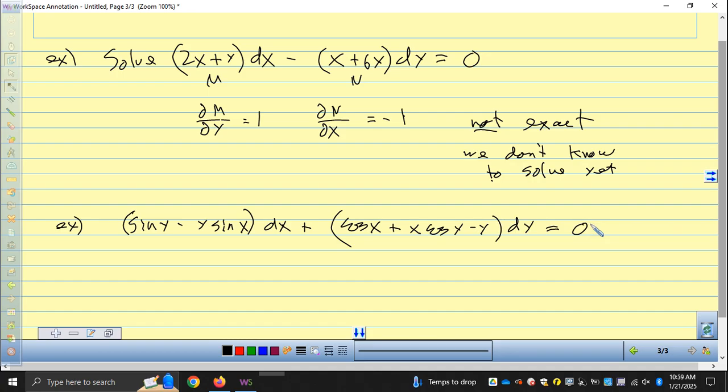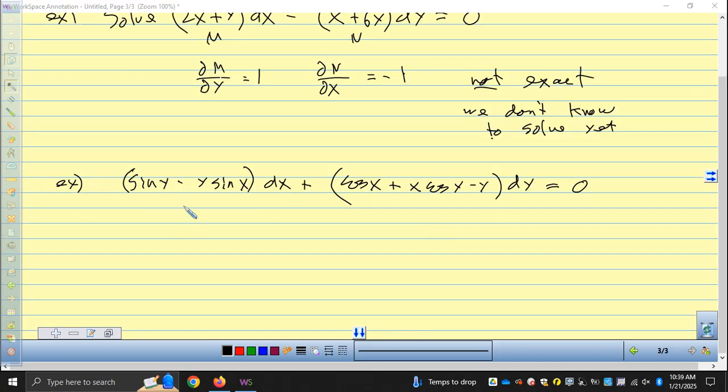So we were going to do our test. If we're not sure, we could rewrite this as dy dx and see if it's linear, see if it's separable, see if it's a first order linear, something that we already know how to solve. If not, then we can test to see if it's exact. So if this is M and this is N, the partial of M with respect to y is cosine y minus sine x.